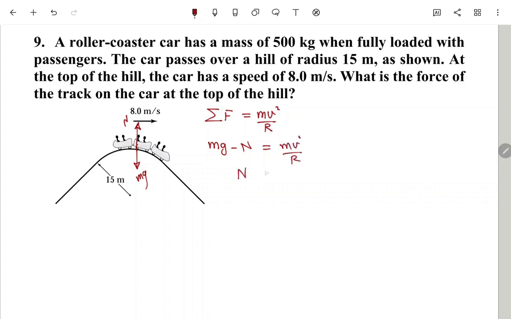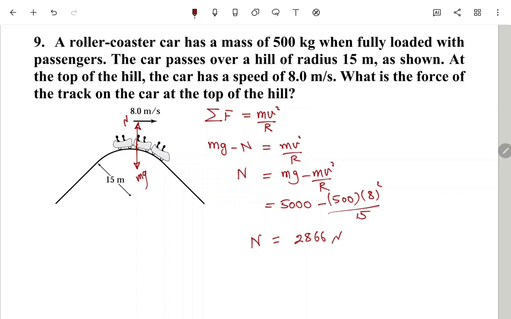And normal, that's what we're looking for, equal to mg minus mv square over r. In other words, 5,000 minus 500 times 8 square divided by 15, or in other words, the normal equal to 2,866 newtons.